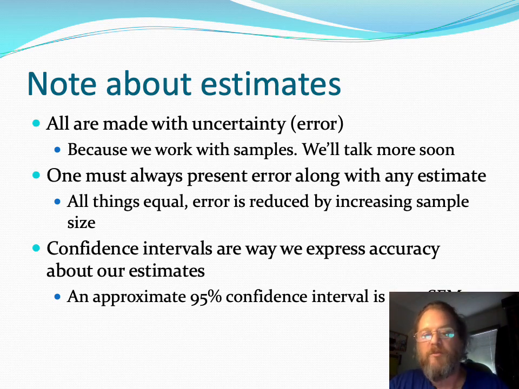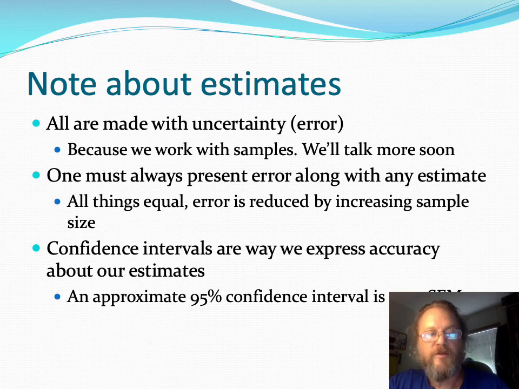Okay, and so that's what we mean by error, is that you only sample once, and so you have to account for the fact that your sample may lack representation. Because of the 100+ years of people doing these things, we can go ahead and figure out what that error is likely to be based on our samples.